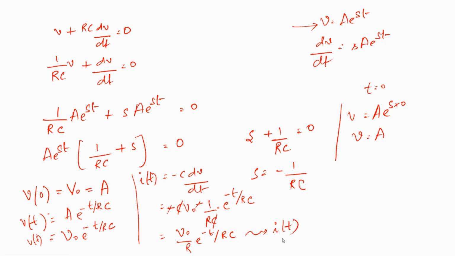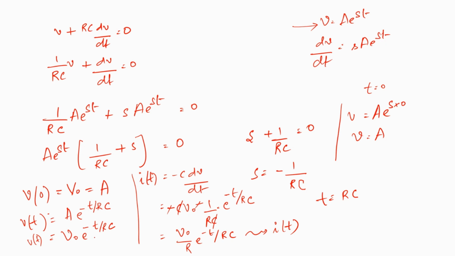Now, if I consider t is equal to RC, say the time instant when t is equal to RC, what happens is e power minus 1 remains over here, because t is RC, RC cancels out, and what I get here is e power minus 1.